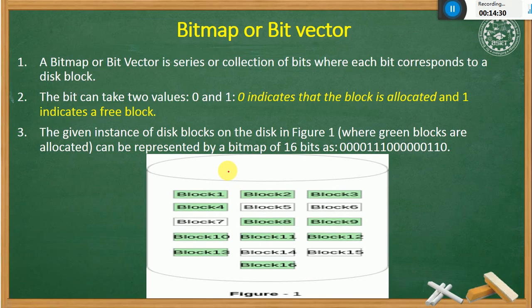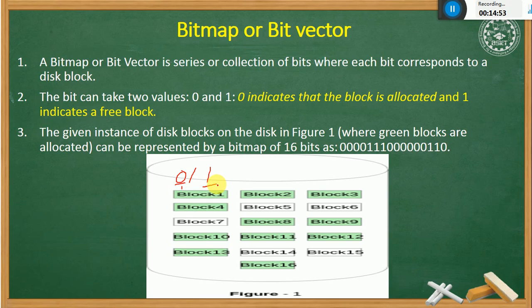So the first technique is the bitmap technique. In the bitmap technique, this is your disk and the disk is divided into blocks. So it is called a partition. Every block has a number, 0 or 1. So 0 indicates that this block is used, and 1 indicates that this block is not used.